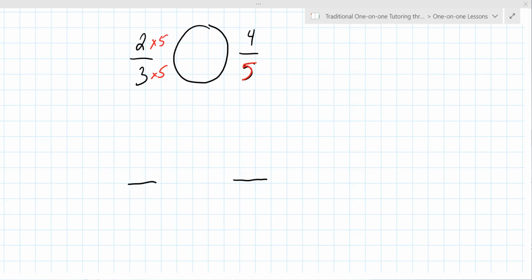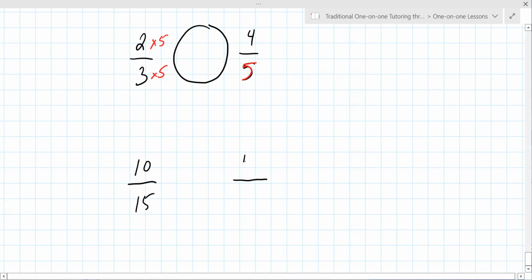Okay. Let me know when you have your correct answer. Okay. 10 over 15 and 12 over 15. Okay, so which is correct? Is it greater than, less than, or equal to?